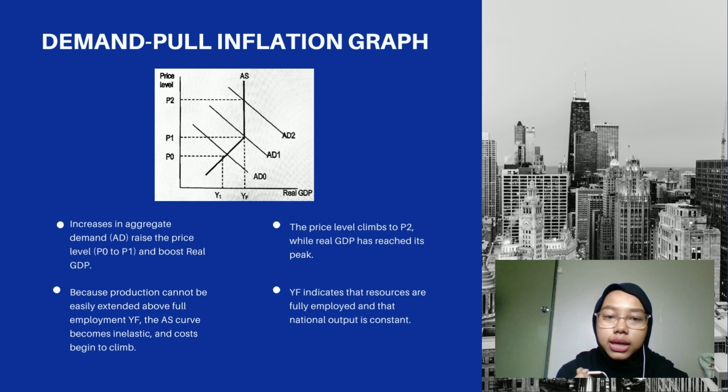The aggregate supply rises in the beginning because the higher the price level, the more willing firms such as a ready company are to offer more output.